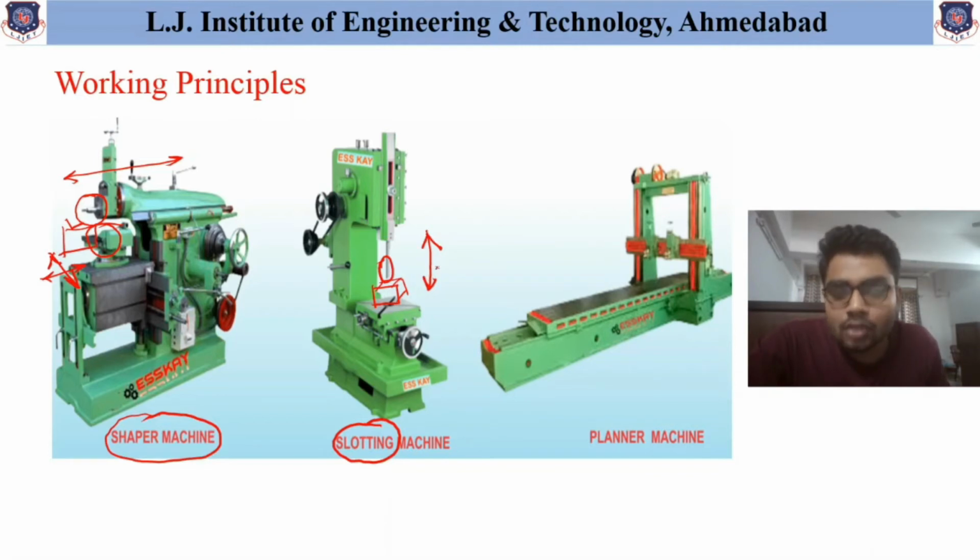That means for the Shaper and Slotter machines, reciprocating movement of the tool is required, and that is our primary motion. This table is given movement in the horizontal direction or towards the plane. These two movements can be obtained by using this handle. So the movement provided to the workpiece is the auxiliary motion in the case of the Shaper and Slotter machine.